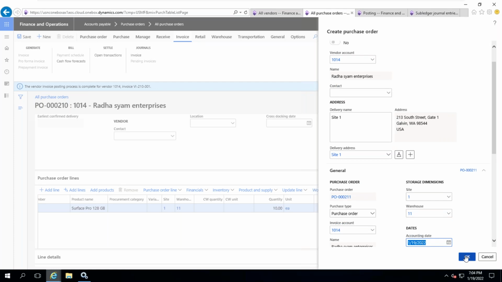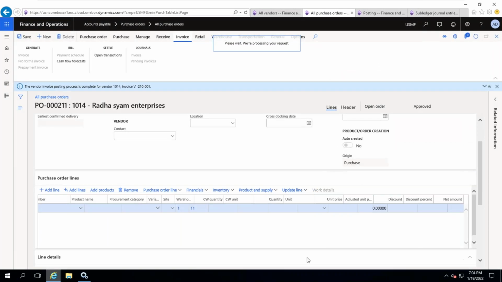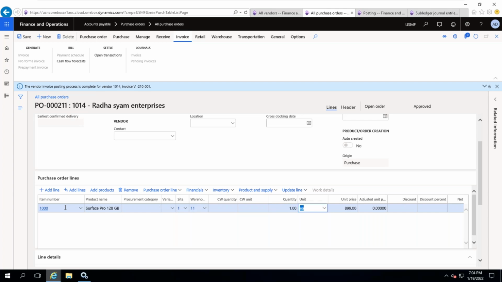Click OK. Now selecting the item, same. Suppose 5 quantity, and 1000. For easy calculation, I'm entering 1000. Okay, now I'm doing the confirmation.